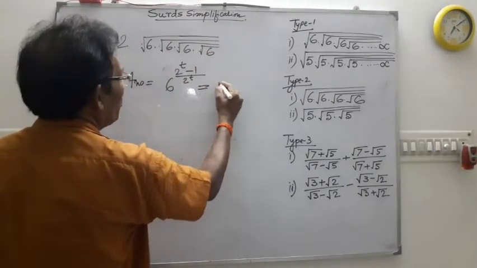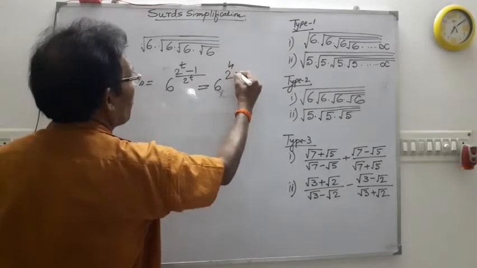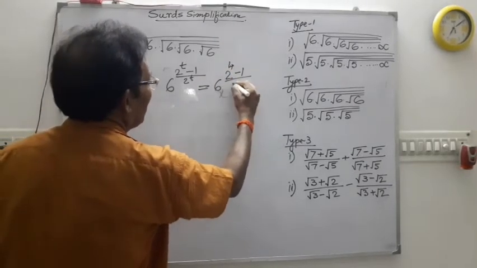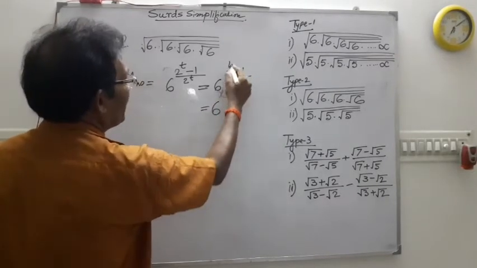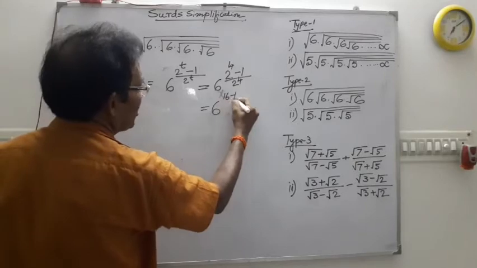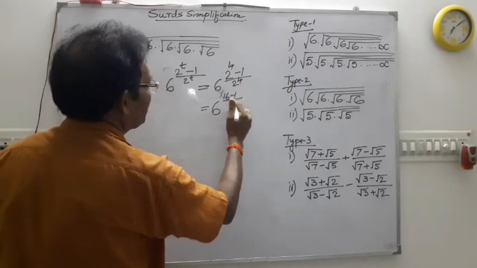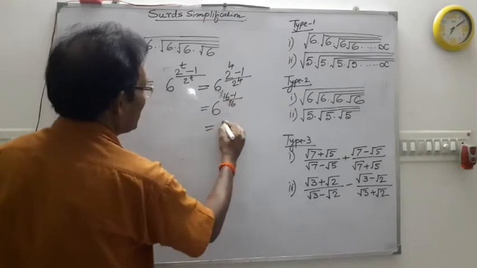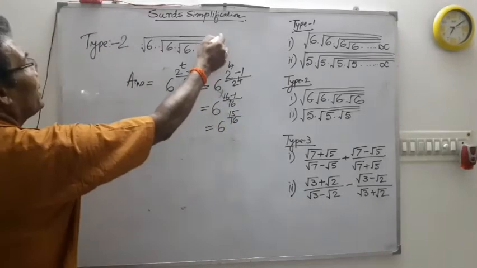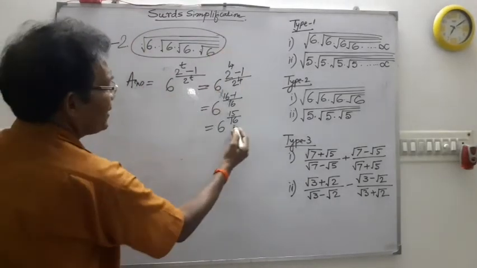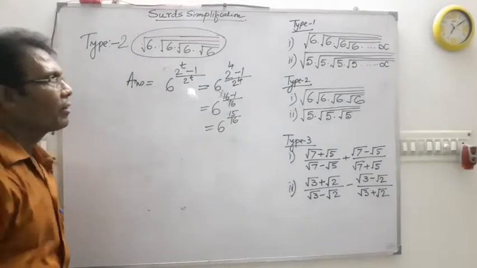So the answer will be 6 to the power (2 to the power 4 minus 1) divided by 2 to the power 4. 2 to the power 4 is 16, so the answer is 6 to the power 15 by 16.